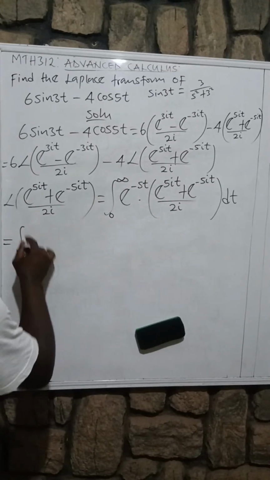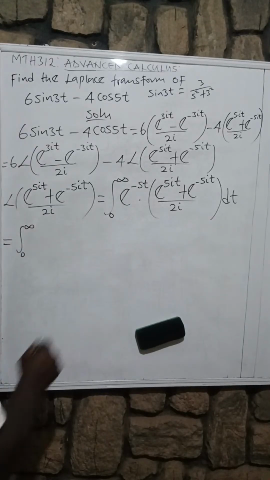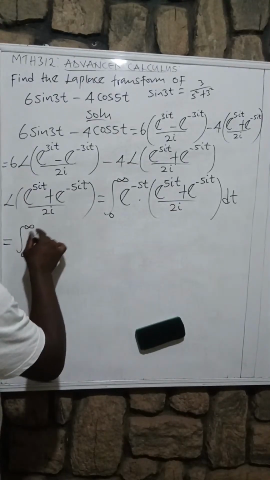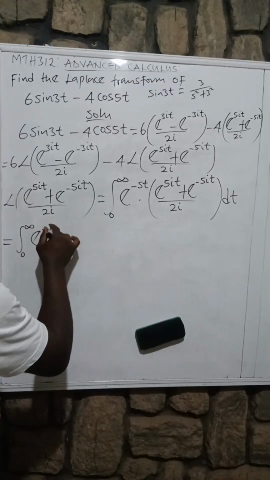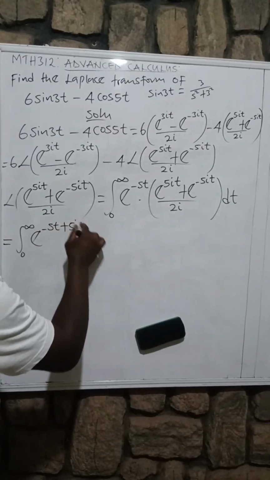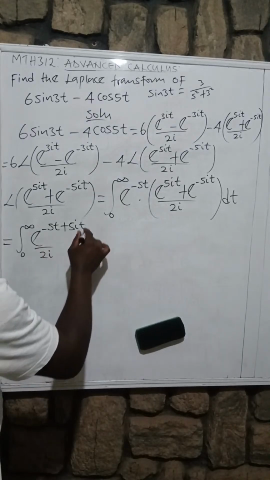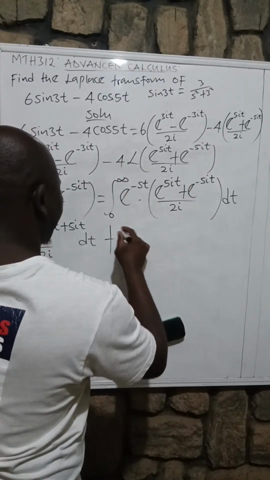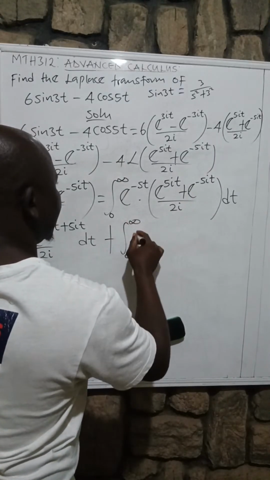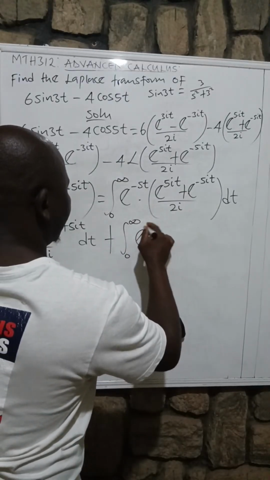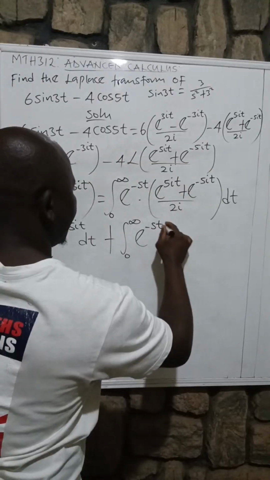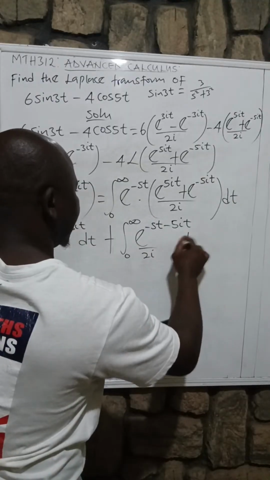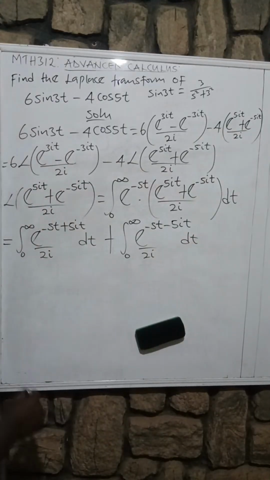In the integral from 0 to infinity, this times this is going to give us exponential minus st plus 5it all over 2i dt. True or false? Then this times this, plus the integral from 0 to infinity, we are going to have exponential minus st minus 5it, applying indices here, all over 2i dt. True or false? It's true.